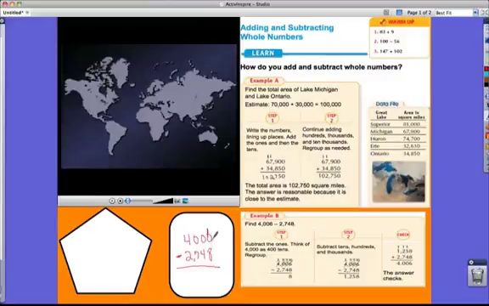Here's the ones place right here. Now we have 8, and we're going to try to take 8 from 6. But as we all know, that's impossible. The rule is that when we can't subtract our lower number from the top number, we go to the next place value, which happens to be the tens place, and we try to borrow something from the tens place. But as you can see, it's a 0. We can borrow nothing from a 0.